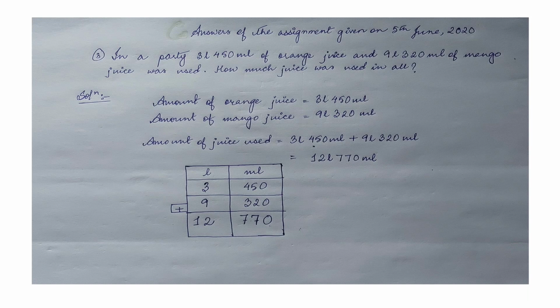After adding, the answer is 12 liter 770 milliliter, means the amount of juice used is 12 liter 770 milliliter.